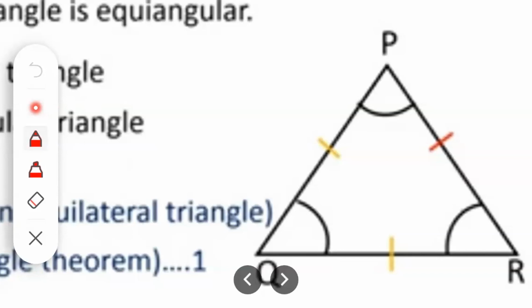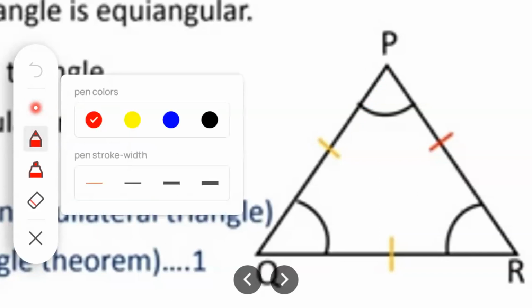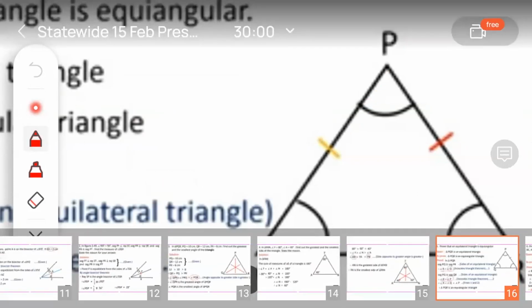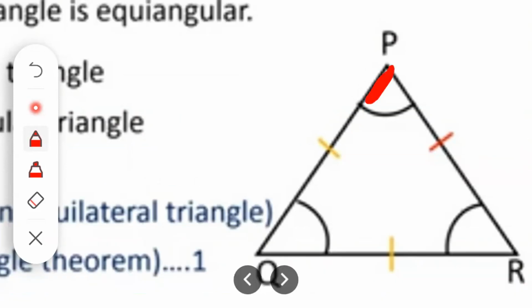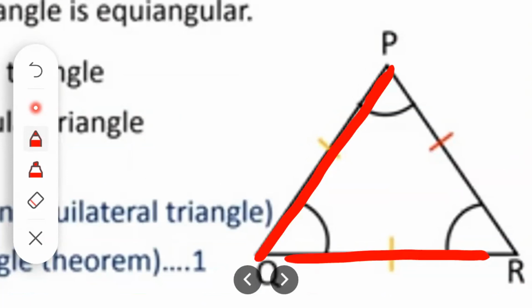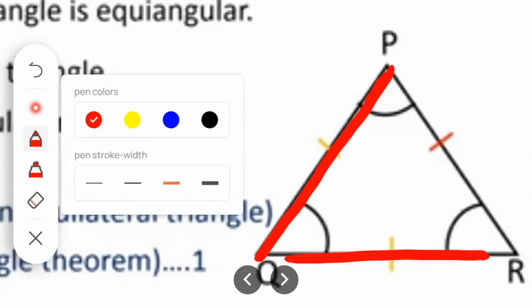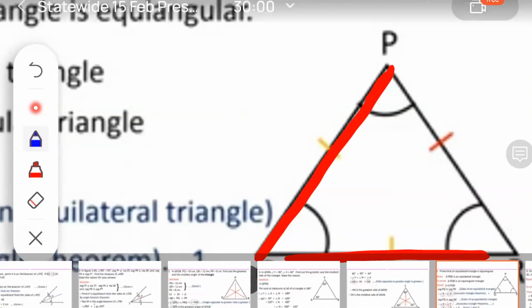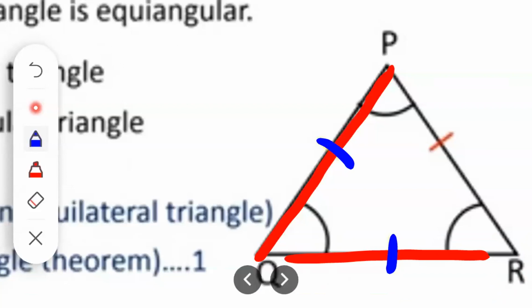So take the side PQ and the other side QR. As those are congruent to each other, I mark them with the same sign, with the same color.